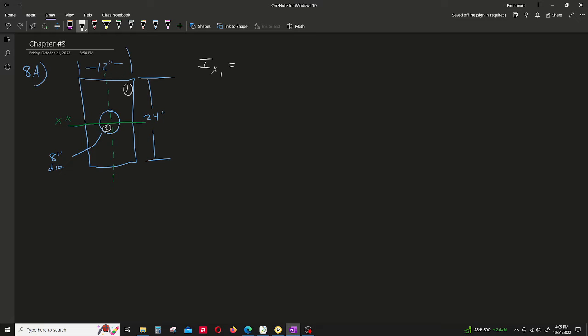Our base is 12 inches and our height is 24 inches. Raise that to the third power, divide everything by 12, and we get a total value of 13,824 inches to the fourth power.